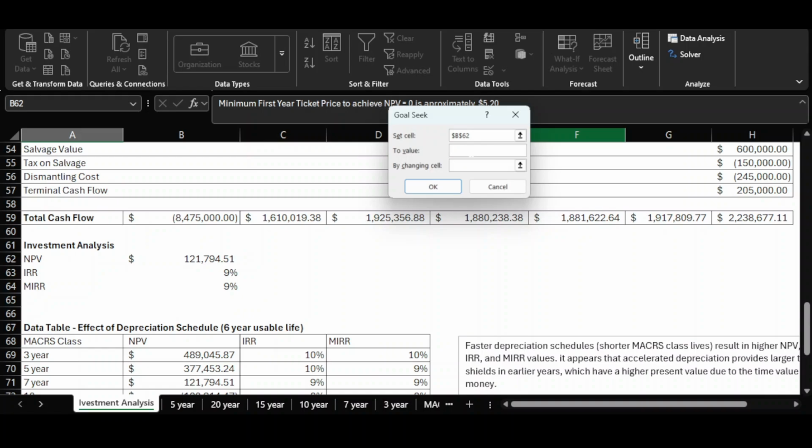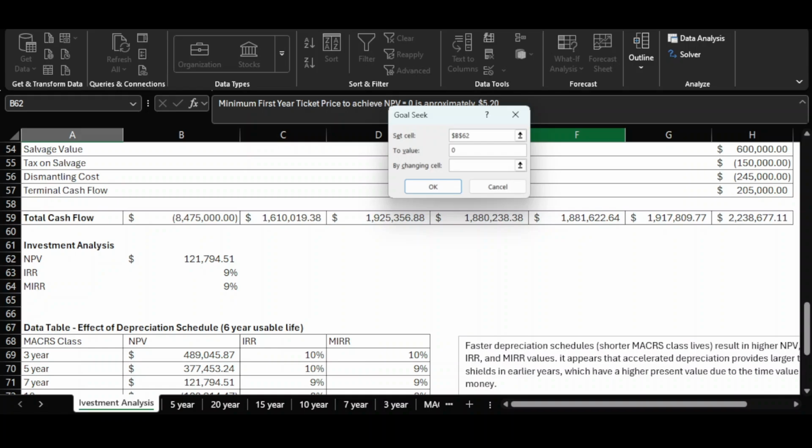Well, you set it to 0. You manually just type 0. It is also required that you give the single cell that Goal Seek will change, to compute really quickly to find out what number will bring it to 0.